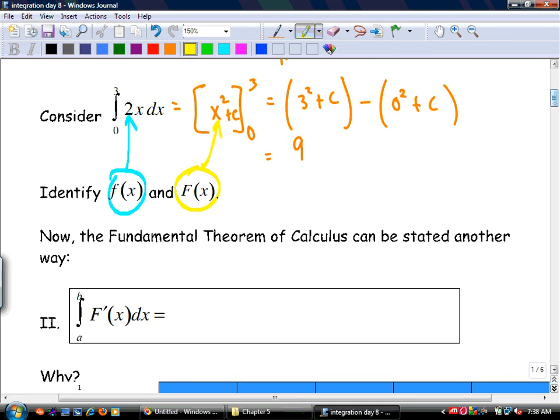Now the fundamental theorem of calculus can be stated another way. You're going to look at it and go, what? Why would you write it like that? Well, we could also write it like this, which is equal to this.